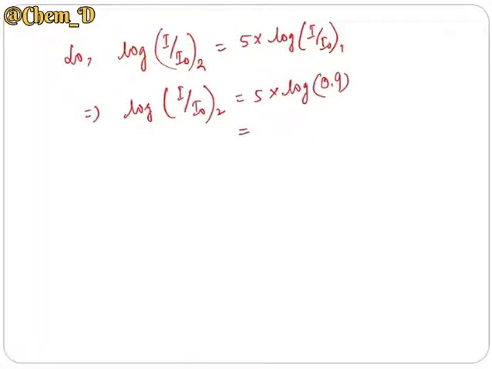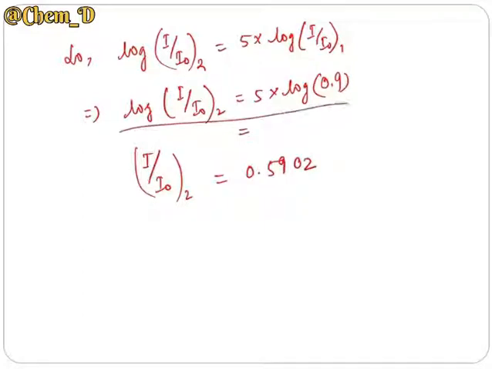If you calculate it, you will get I by I0 for 2 equal to 0.5902. We will calculate it in the calculator. Now this is the transmittance.